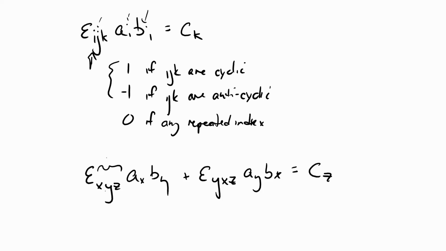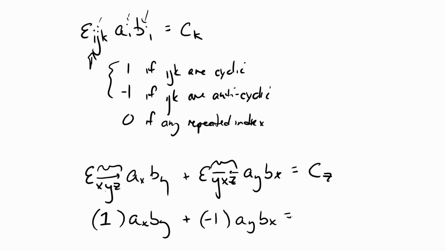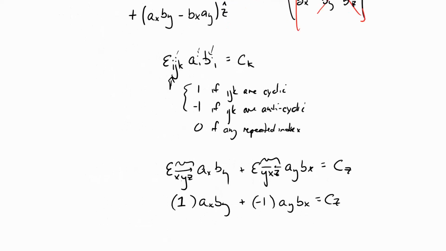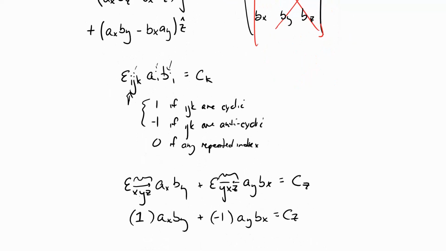This one, these are cyclic, so this is 1 times ax by. These are anticyclic, xyz, xyz. So this is -1. And so the z component of this thing should look like ax by minus bx ay.